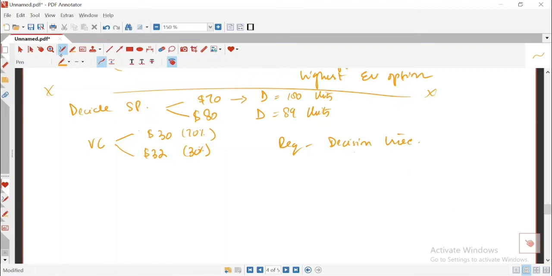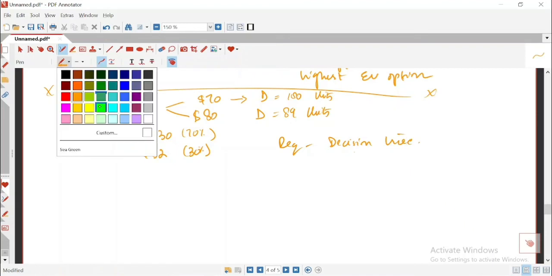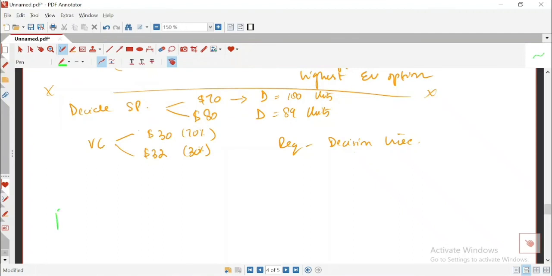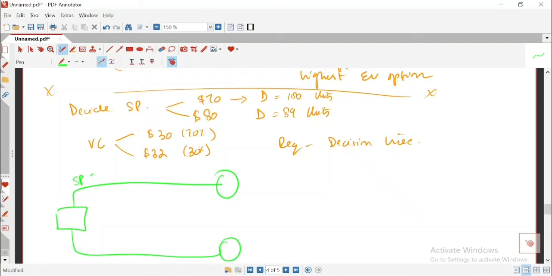So we will start, because the starting point is a box, so we will start with the square. This is the starting point. Now the first decision and the second decision. पहला decision क्या है? That we have to charge selling price as $70, and the second decision is the selling price of 80. If we charge selling price 70, our demand is going to be 100 units.